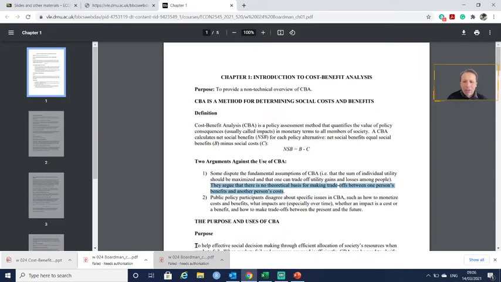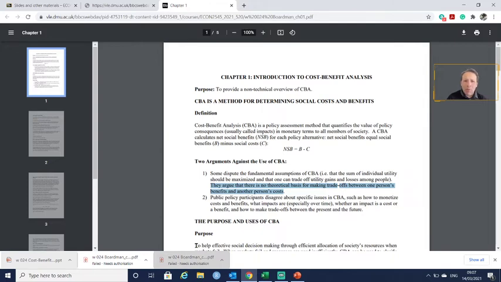The second argument is that public policy participants disagree about specific issues of a CBA, such as how to calculate the cost and benefits, what are going to be the impacts over time. I think that is sometimes more like an art rather than a science, and whether an impact is a cost or a benefit. For some items, you can probably put that item as a cost, but also you can put that item as a benefit.